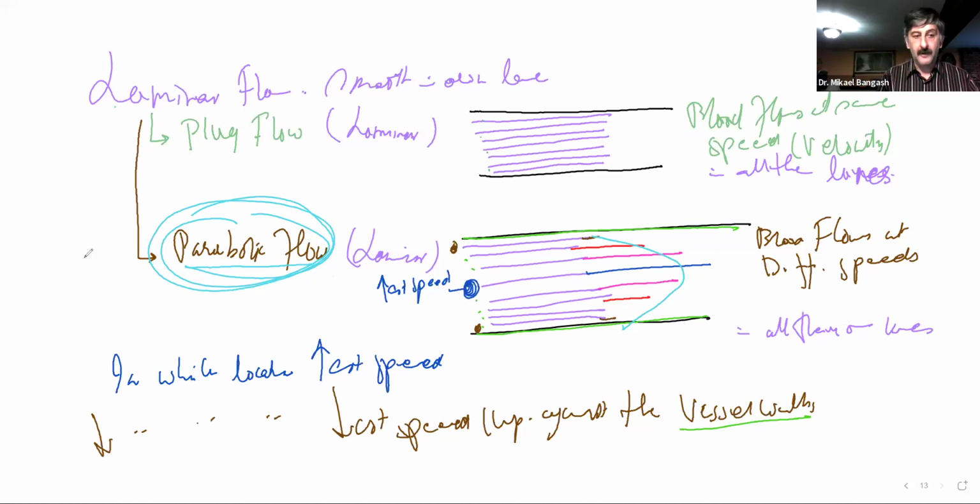You always have the greatest speed in the center, where the speed just gets lesser and lesser as we go from center to the periphery. Did that make sense?